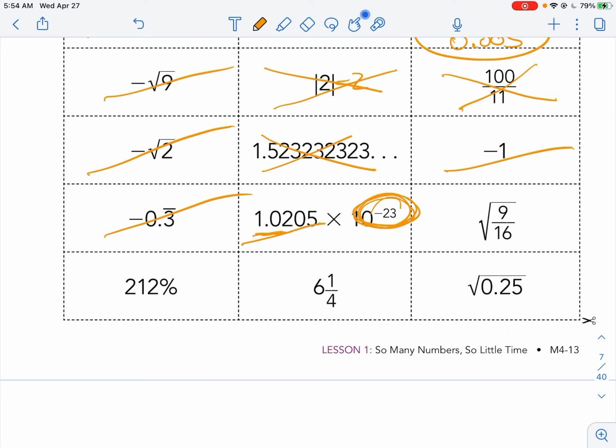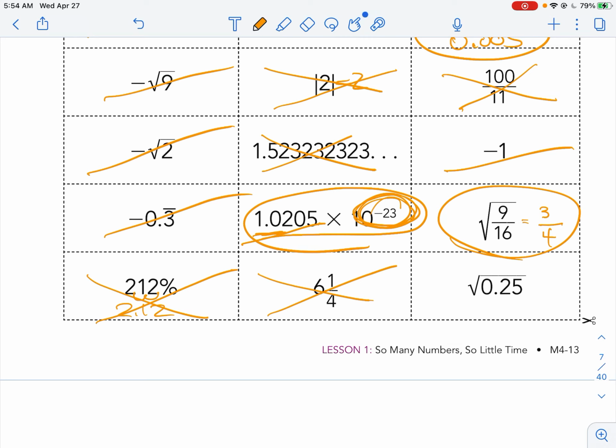So yes. This, I move it over twice and I get 2.12. Nope, bigger than 1. What times itself gets 0.25? Well, what times itself gets 25? 5 does. And I need a decimal spot. So that's 0.5, so that's between that.